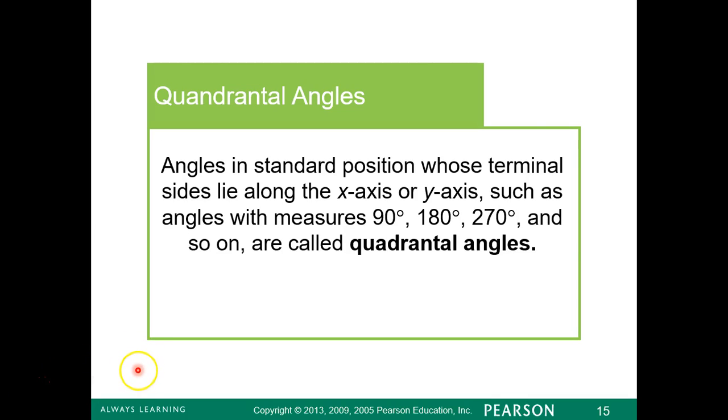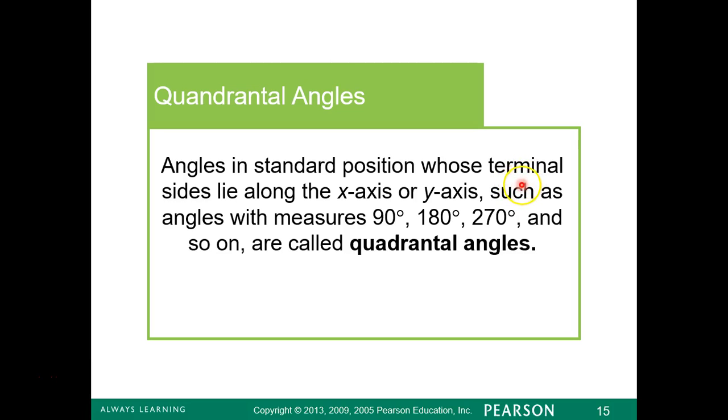So a quadrantal angle, here again, we're talking about angles that are in standard position. Quadrantal angles are when the terminal sides lie on either the x-axis or on the y-axis.